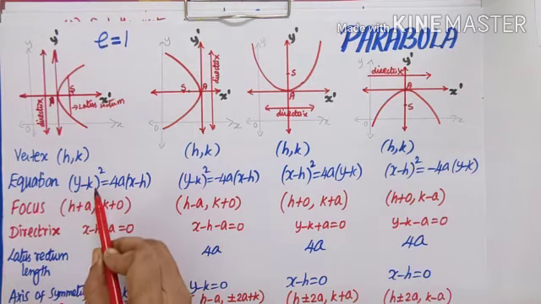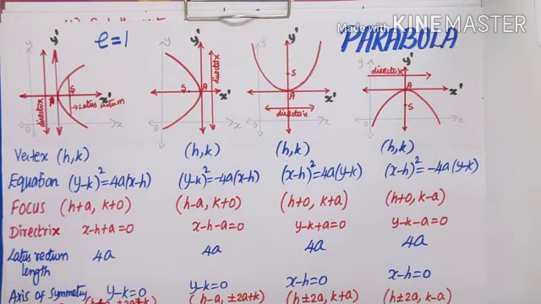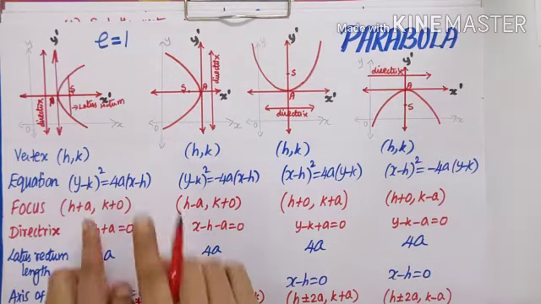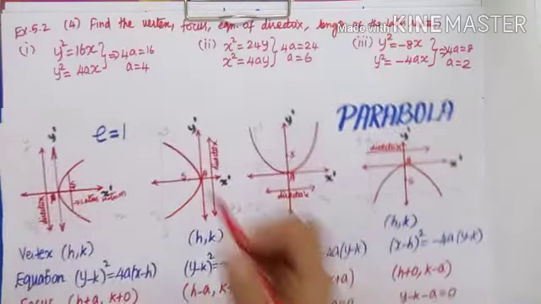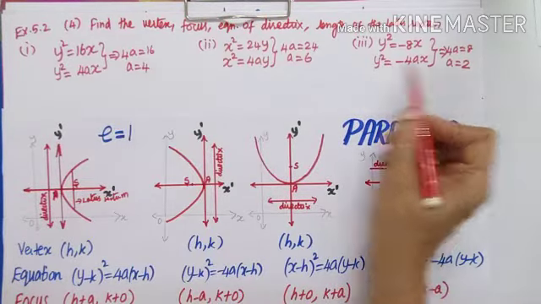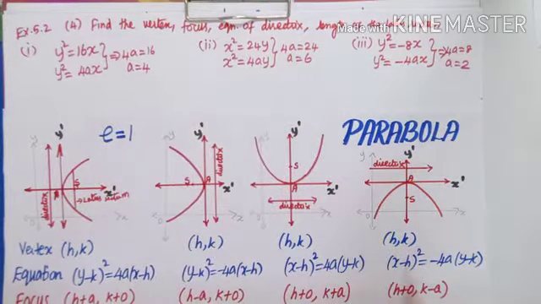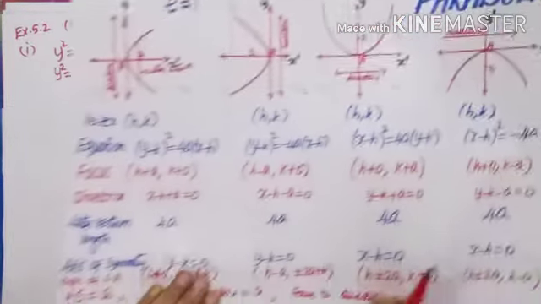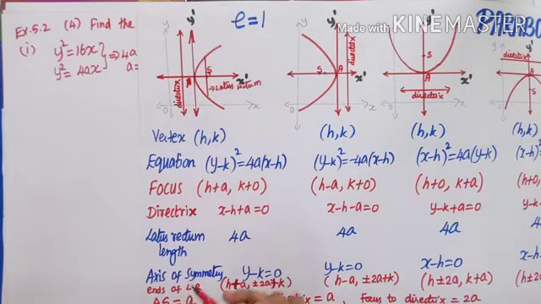y minus k the whole square equals 4a into x minus h. h and k are 0, 0. Whenever we are given these models, there is no x minus or y minus in any of these problems. So, in my formula, all this h, k you put 0, 0.